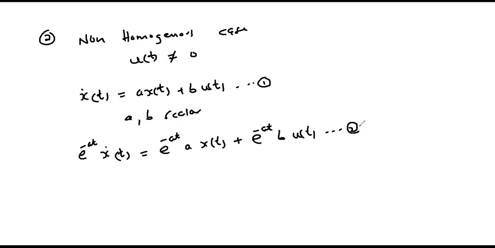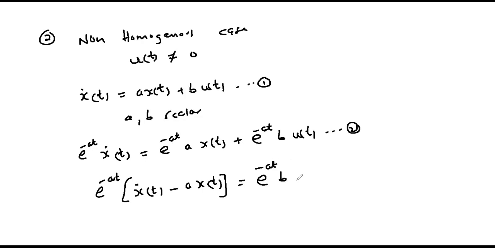We'll call this equation 2. If we collect the like terms together, take the x of t to this side, then we'll have exponential minus at into x of t minus a x of t. We'll factor out exponential negative at, which will be common, and then we subtract a x of t will be equal to exponential negative at b u of t. We can call this equation 3.